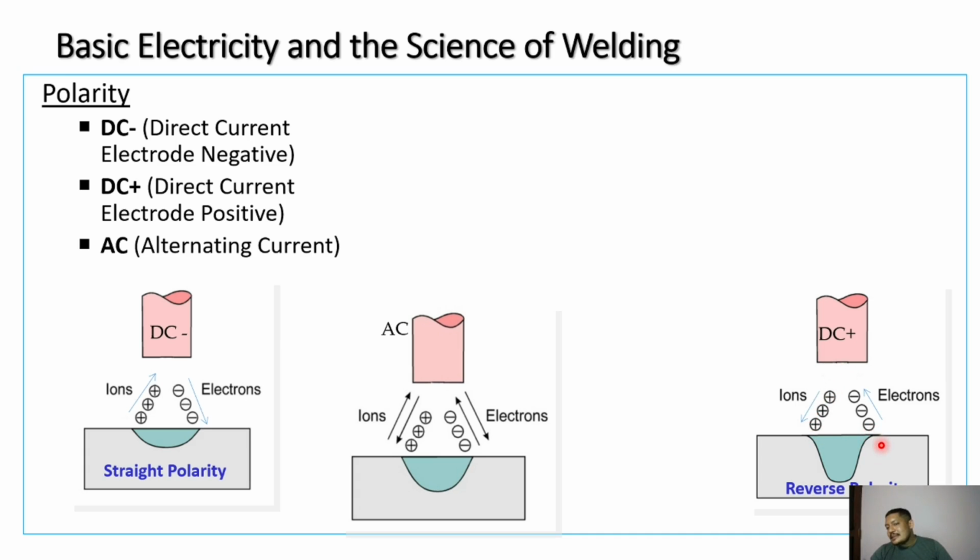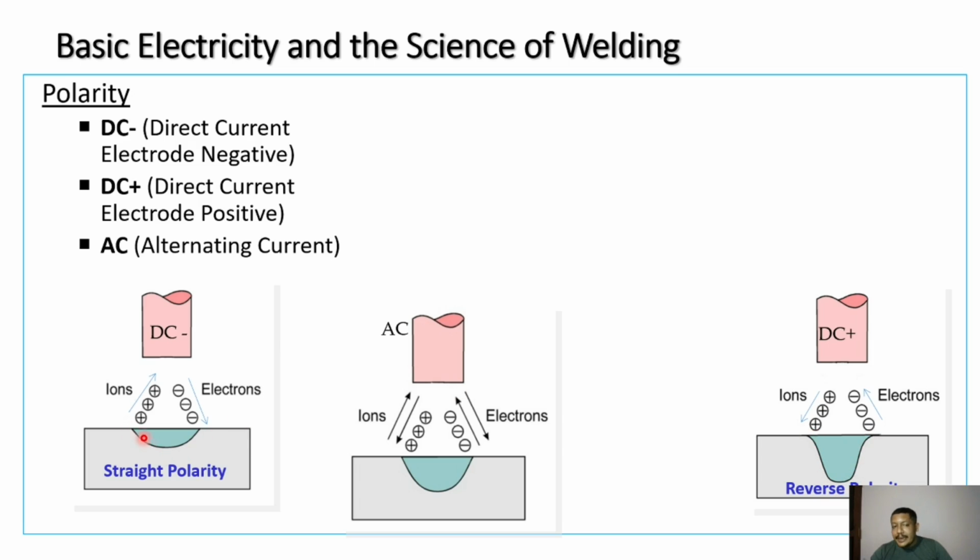As a result of these ion movements, more heat is generated at the plate than at the electrode tip. As a result, the weld bead will have a deeper penetration compared to the DC negative condition. Here it is of deeper penetration.